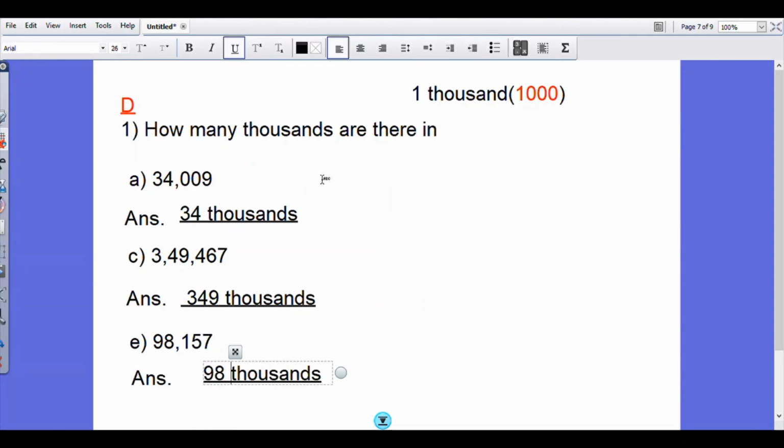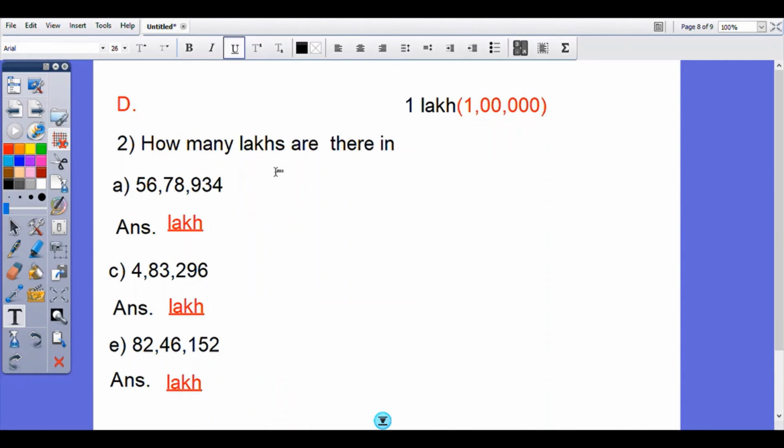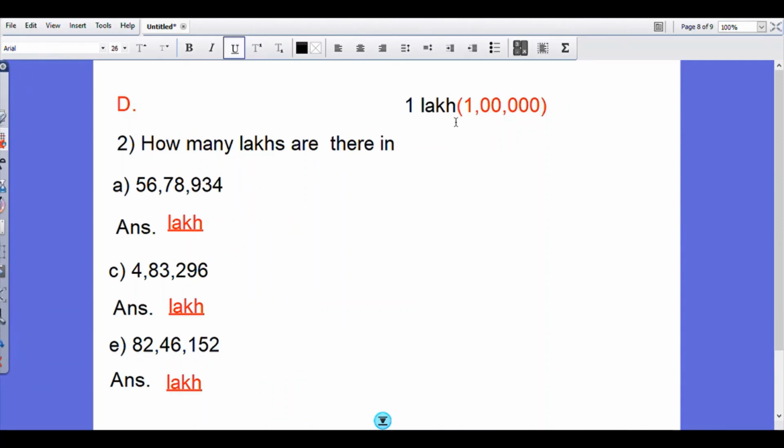Now the answer is 98,000. Okay, student. Now next, how many lakh are there in the number? You know one lakh has five zeros. So leave five digits starting from the right-hand side: 1, 2, 3, 4, 5. Now the remaining number is 56.